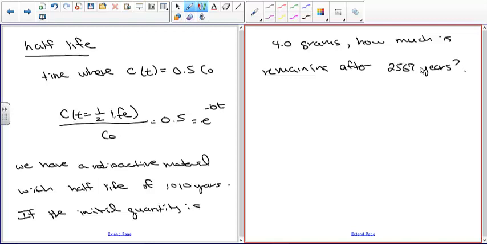Well, it's going to be less than half, because at 1,000 years you have half, and it's radioactive decay, so it's going to be less than half.